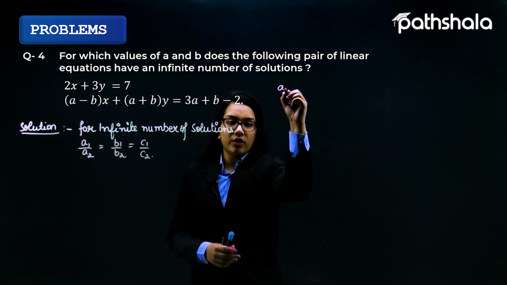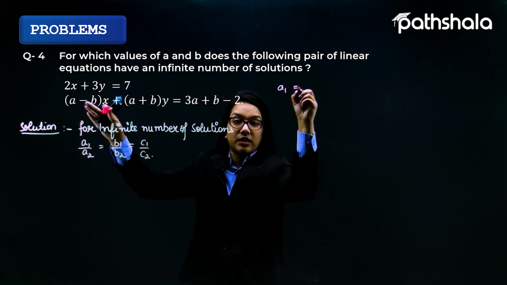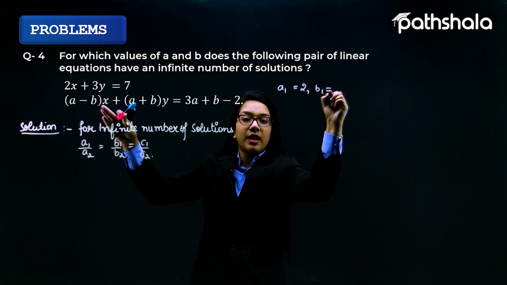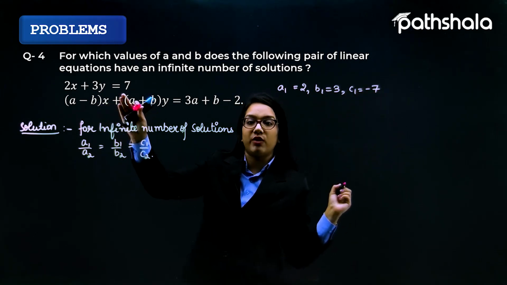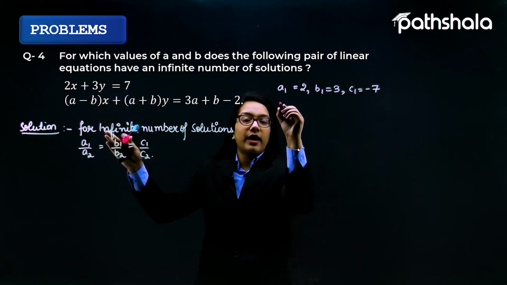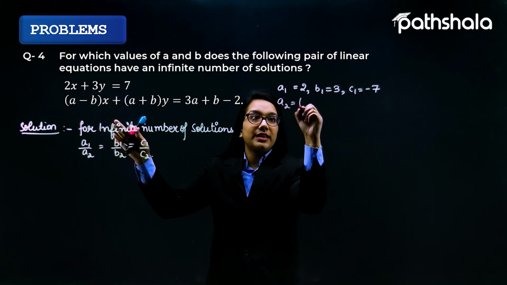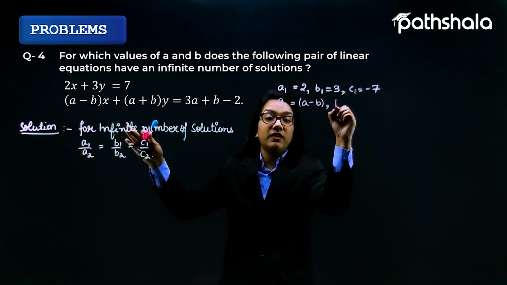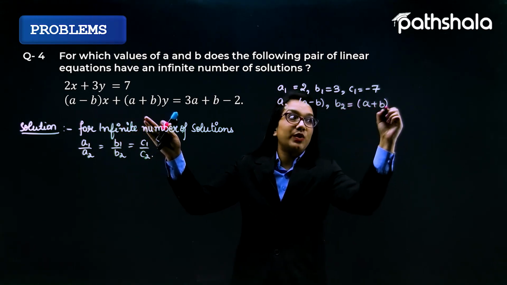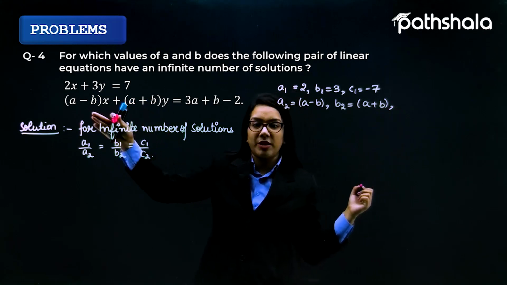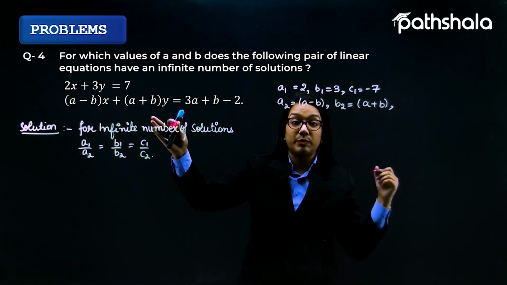So first of all, for the very first equation, we have a1 as 2, b1 as 3, and c1 as -7, as we transpose 7 to the other side. Again, we have a2 as a - b, and b2 as a + b. As you can see, the coefficient of x is a - b and the coefficient of y is a + b.